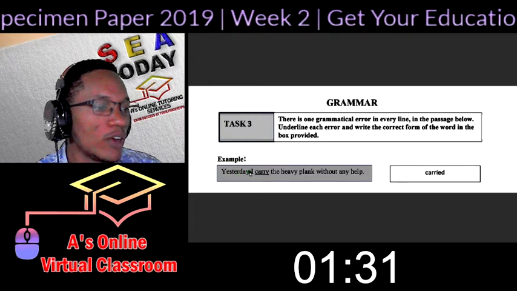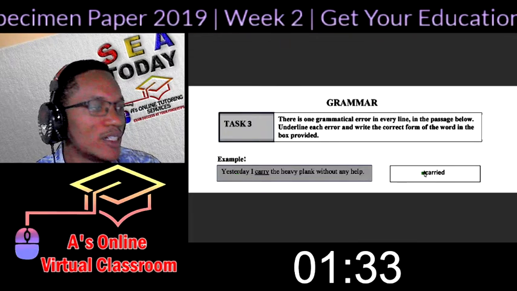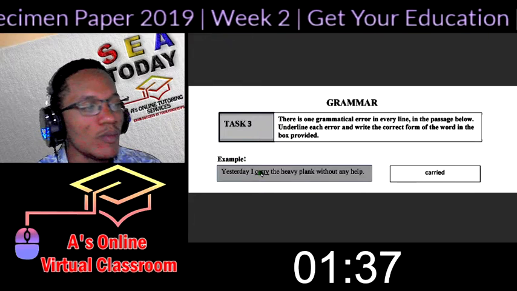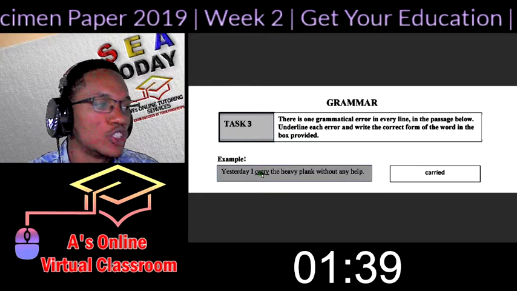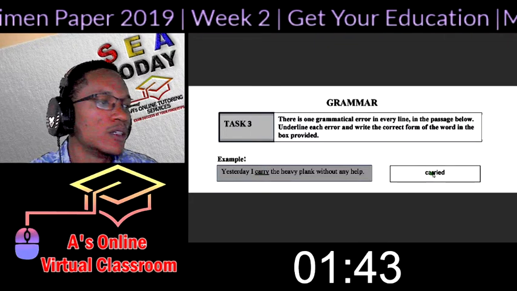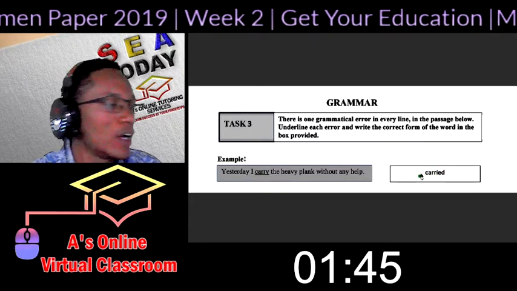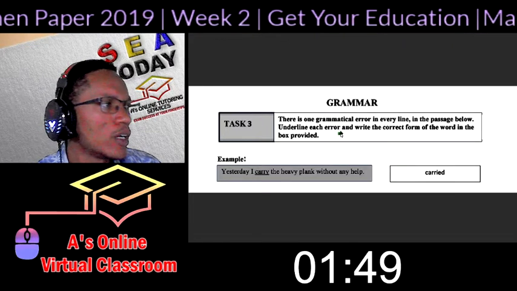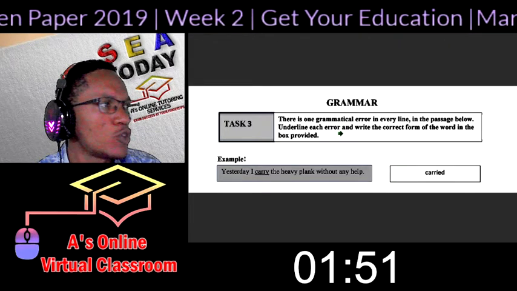They changed carry to carried, and for words ending in y that we want to change to past tense, we drop the y and add ied. So we got carried. This is what we're going to be looking at in the next few questions.